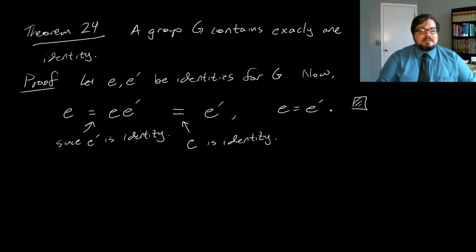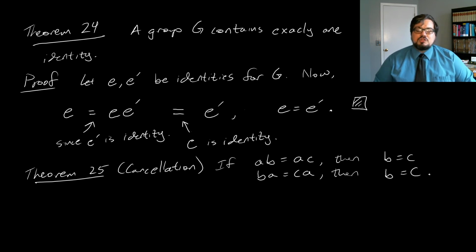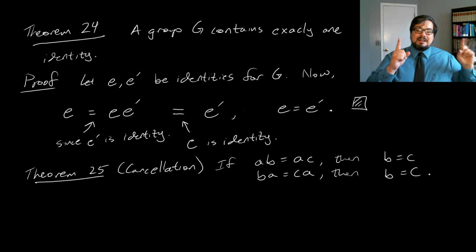The next thing that we want is a property called cancellation, which is very important. So cancellation says that if AB equals AC, then B equals C. And also if BA equals CA, then B equals C. So in other words, the first statement is saying that we can cancel things that both show up on the left side of an equation.